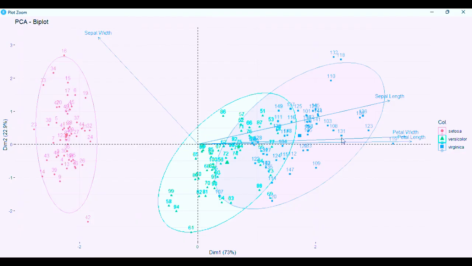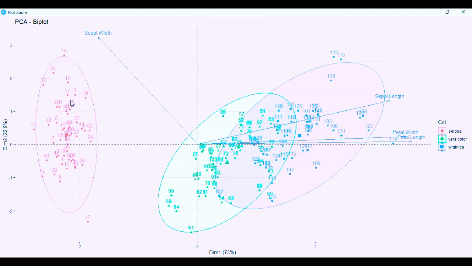Species separation along the first dimension shows that petal width and petal length discriminate species very well. Setosa contains only low values of petal width and petal length, so we can conclude that petal size discriminates the species.